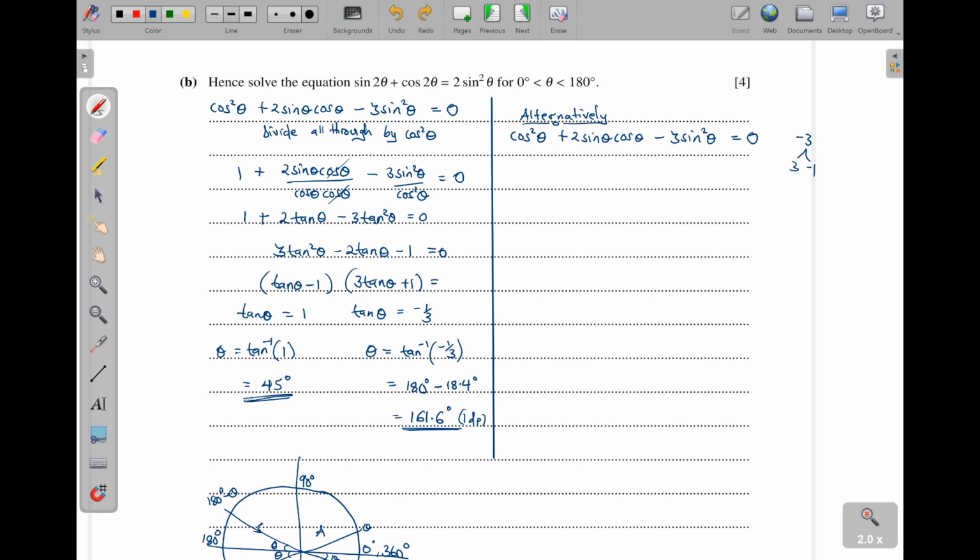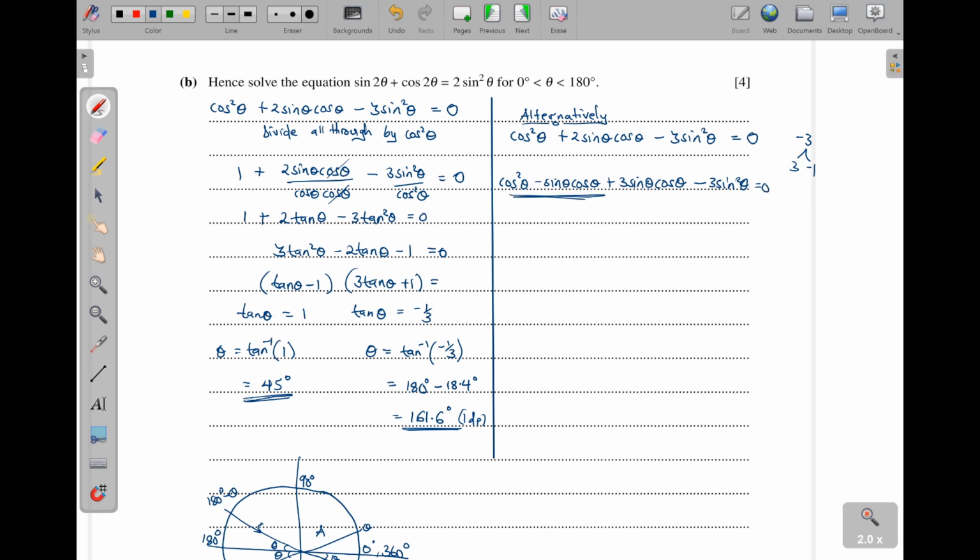Now I'm going to substitute these two values in the place of this one. So you can have cos squared theta, then plus 3, let me begin with the negative. So minus sine theta cos theta, then plus 3 sine theta cos theta, then minus 3 sine squared theta, which is equal to 0.